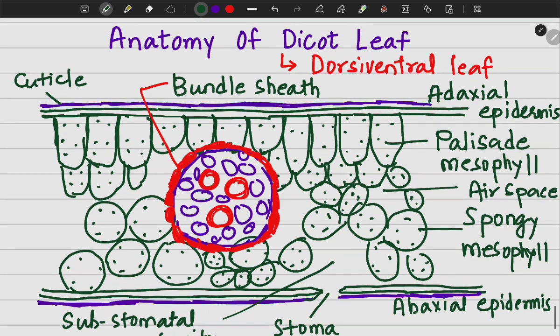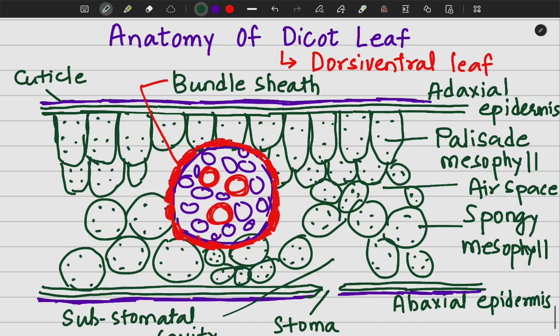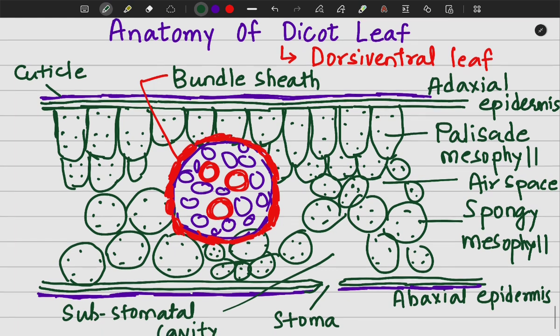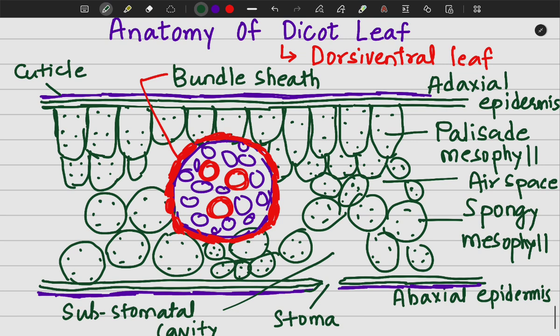So this was all about the anatomy of dicot leaf. The three main parts were the epidermis, mesophyll and the vascular bundle. We saw that the epidermis was present on both the surfaces of the leaf. When we talk about the dicot or dorsiventral leaf, the upper epidermis is also called adaxial epidermis and the lower is called the abaxial.